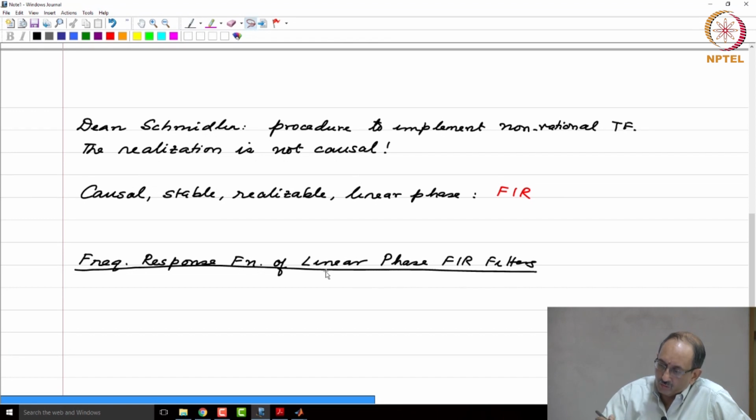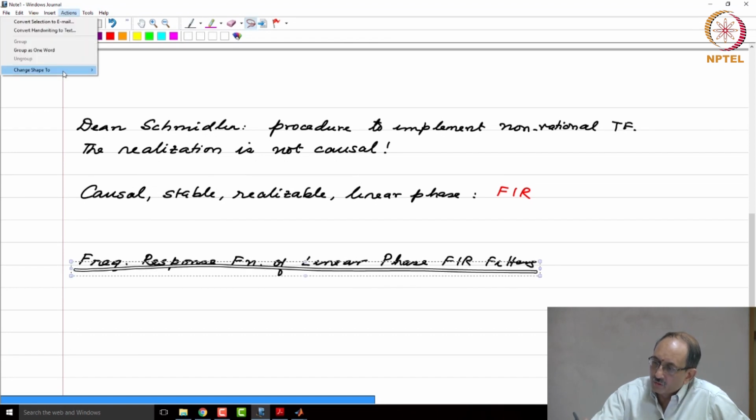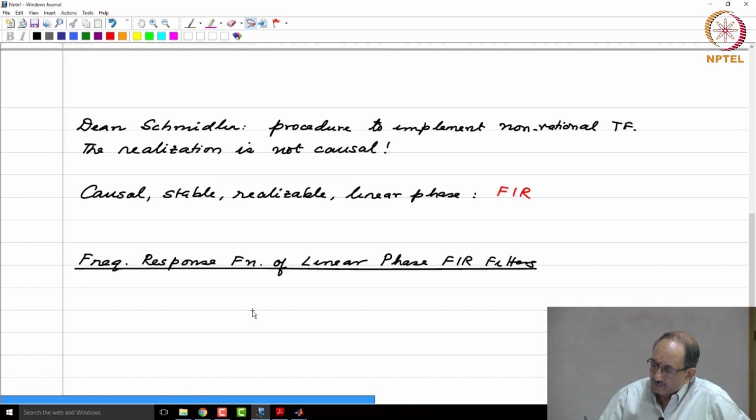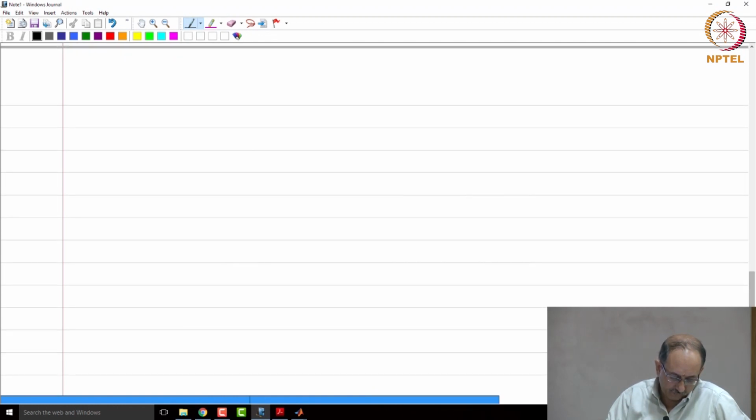All we are going to do now is take advantage of the symmetry properties that are present and simplify the frequency response expression, and then put it in a form that will recall an earlier expression for the frequency representation that we have seen.